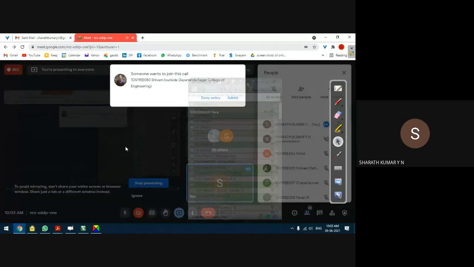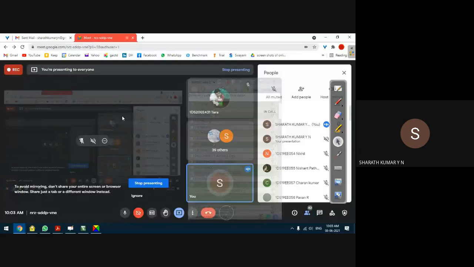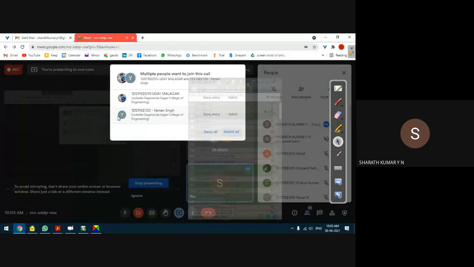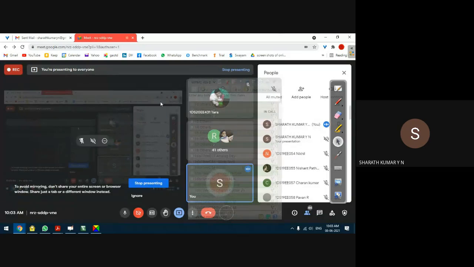Later we'll go to the processor part, 8086, to understand how the processor works. It helps in identifying the difference between controller and processor, and in selecting the appropriate controller or processor for a particular embedded application. That is the basic intention.